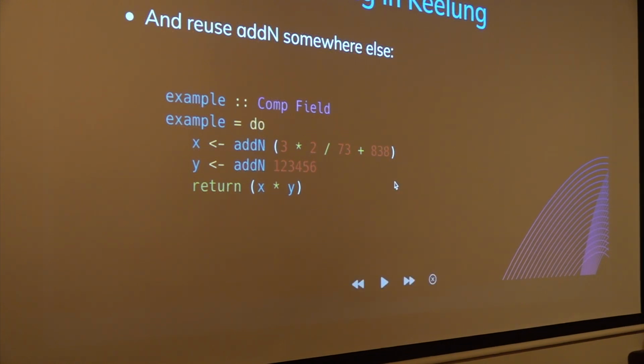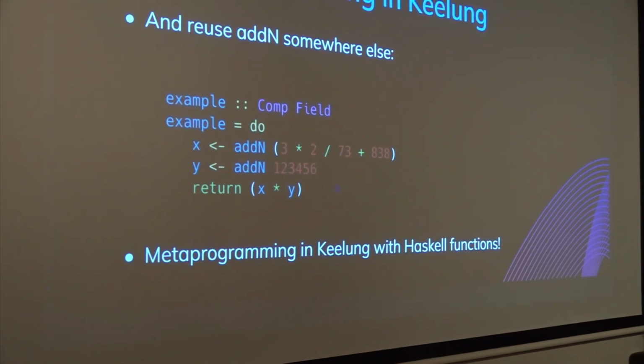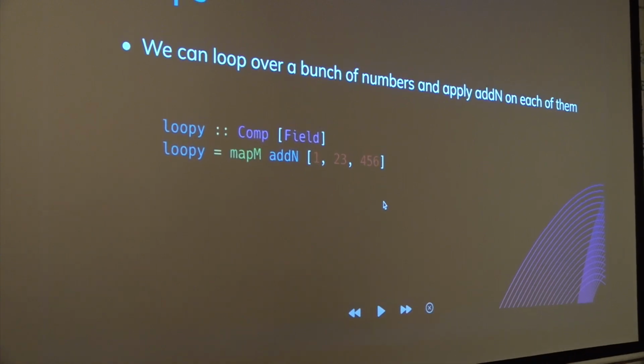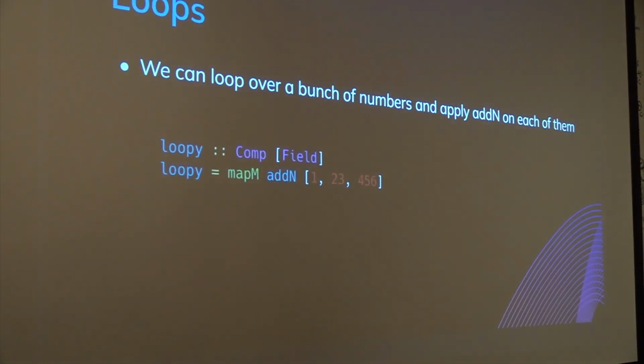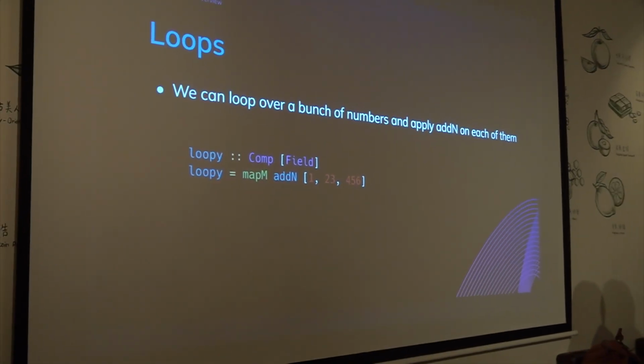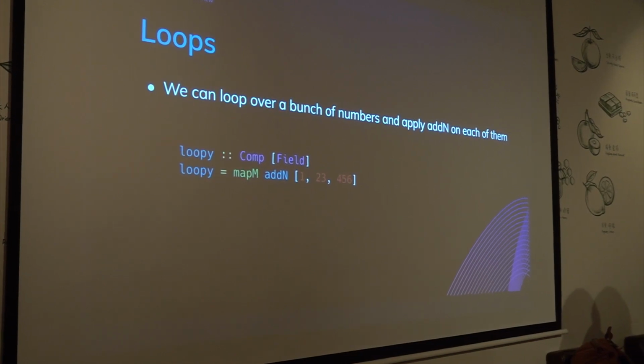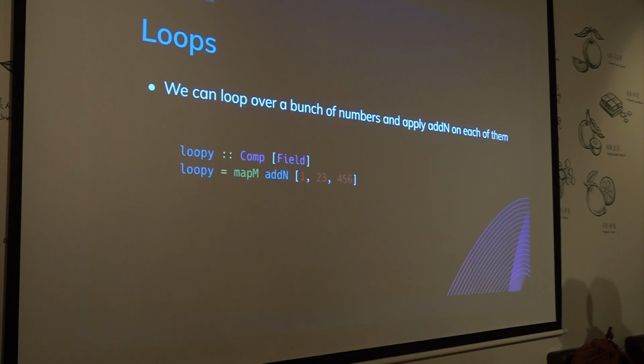With Haskell functions, we can instantiate multiple instances of the Keelung program, and we use them everywhere. Another thing about infinite loops is that you can also construct an infinite loop in Keelung, but you will only get a Haskell program that doesn't terminate.